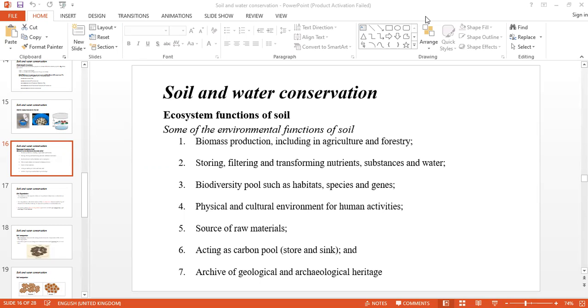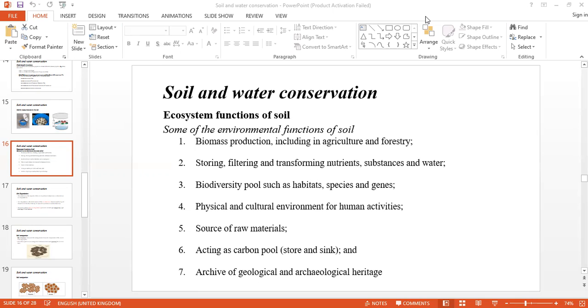So we can classify the functions of soil. We can break them down into seven broad categories. The first one is obviously biomass production, like crop production, maize production, and other agricultural things.